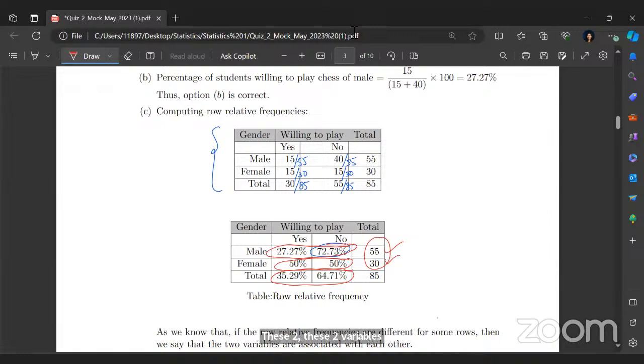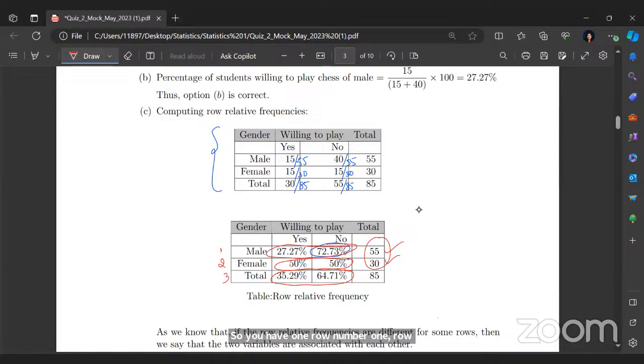Ma'am, in female we have 50 percent, right? Both are similar here in the female column. No, it's not like these two have to be similar. When you talk about the row relative frequencies, we are talking about different rows. So you have row number 1, row number 2, row number 3.